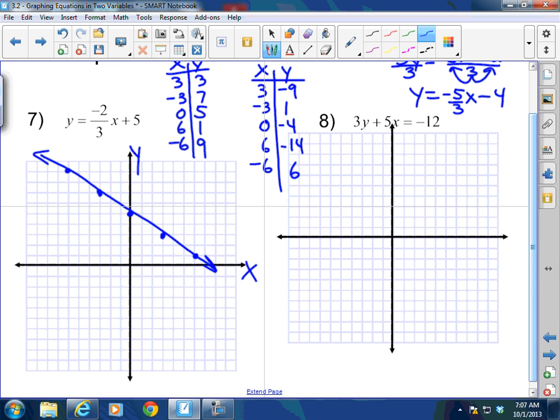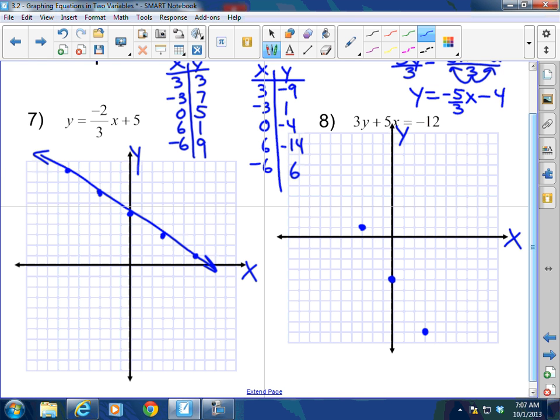Okay, first off, remember to label your x and your y-axis. So I've got 3, negative 9. 3, negative 9 is right here. Negative 3, 1. It's right there. 0, negative 4. 6, negative 14. That's going to go off our graph, so we can ignore that one.